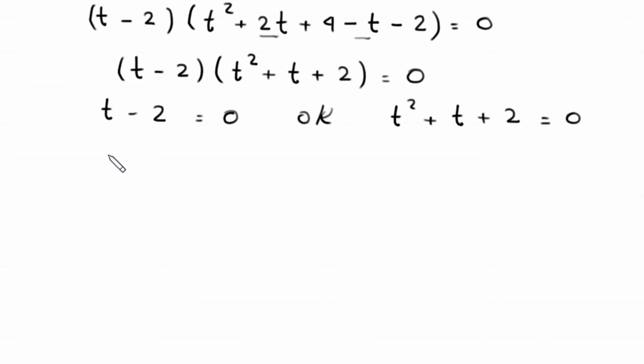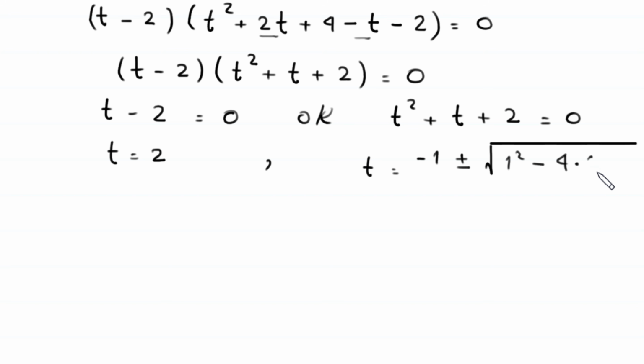From this equation we get the value of t equal to 2, and from this quadratic equation t is equal to negative 1 plus or minus the square root of, in place of b squared we write 1 squared minus 4 times a, which is 1, times c, which is 2, divided by 2 times a, which is 1.